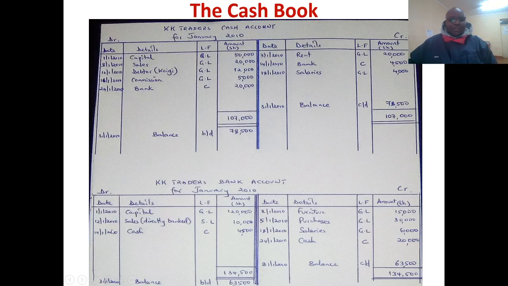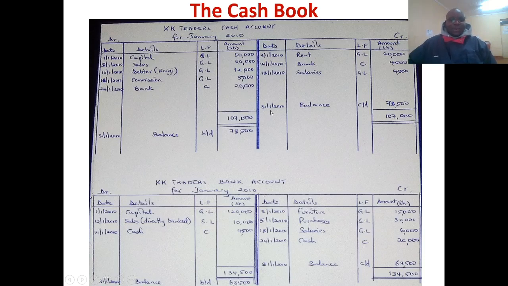So on 24th, they withdrew cash. So the bank will lose cash equivalent to 20,000, which will then be banked, will be received in the cash account, the same amount, 20,000.